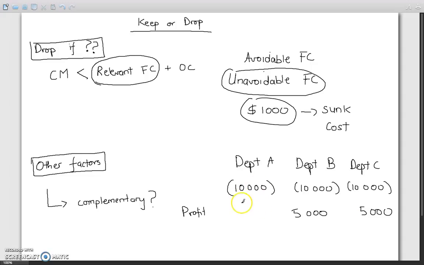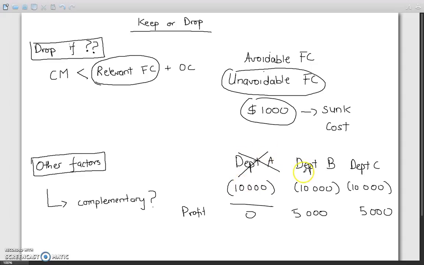But this department is just able to cover its contribution margin. Contribution margin is that part of the business that covers this 10,000, so this profit is zero. So the company is thinking, why are we keeping this department open? We should just close it, right? What will happen when you close this department down?